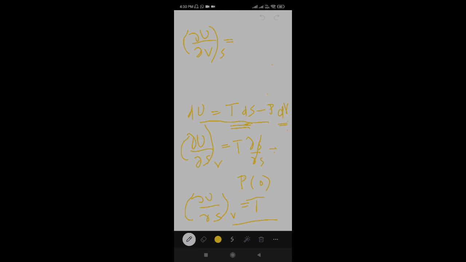At constant entropy, T ds means 0, minus P dou V by dou V. With respect to V, this is 1. So the equation is: dou U by dou V at constant entropy is equal to T into 0, which is 0, minus P into 1, which is just minus P. So here you are going to get the equations for two things, temperature and pressure.